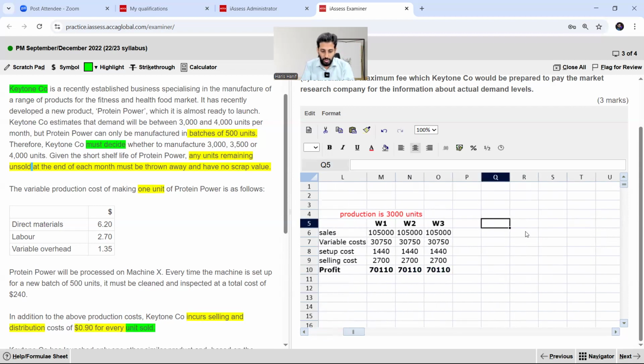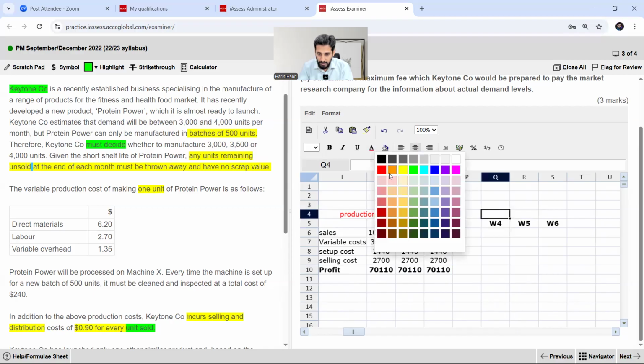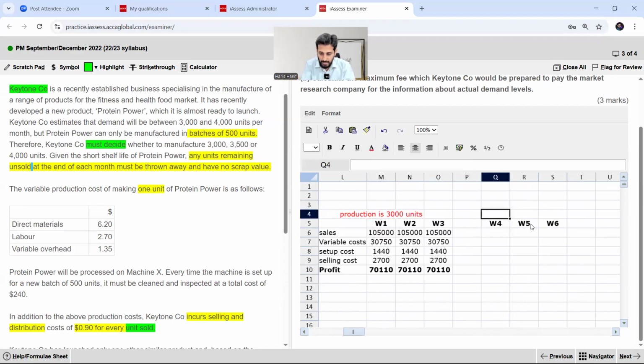Here I am now going to solve working 4, working 5 and working 6, right? I can simply write for you over here, again in this red color, that production is 3500 units.